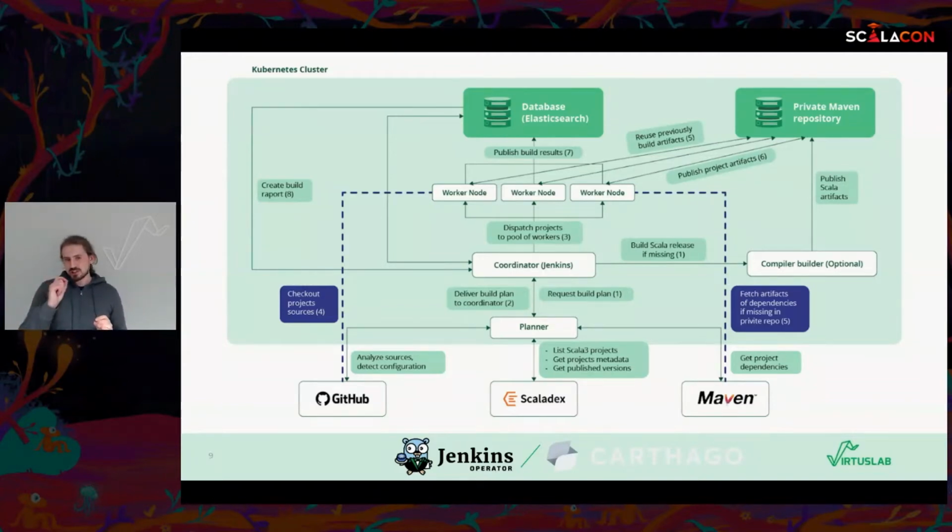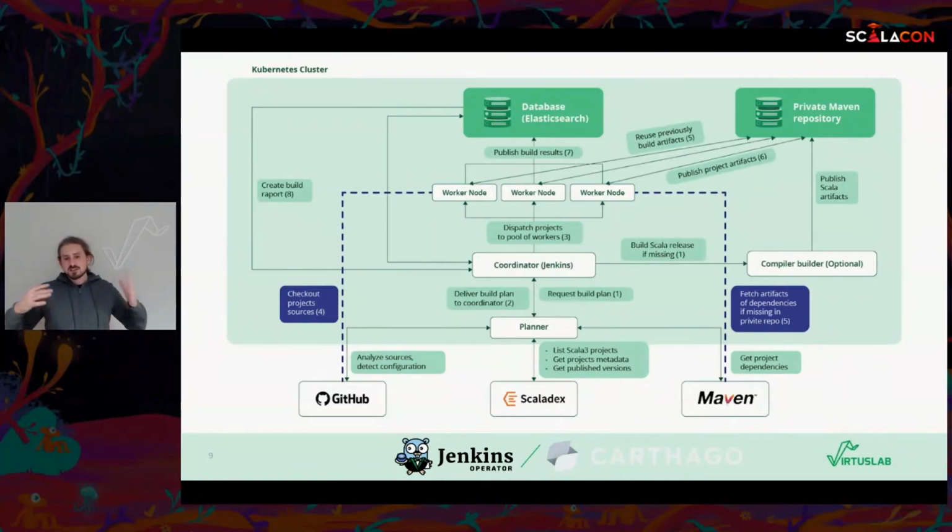So for example, stage 0 would contain projects that have no dependencies, and stage 1 would contain projects that depend on the projects from stage 0. So that's, I think, quite straightforward.